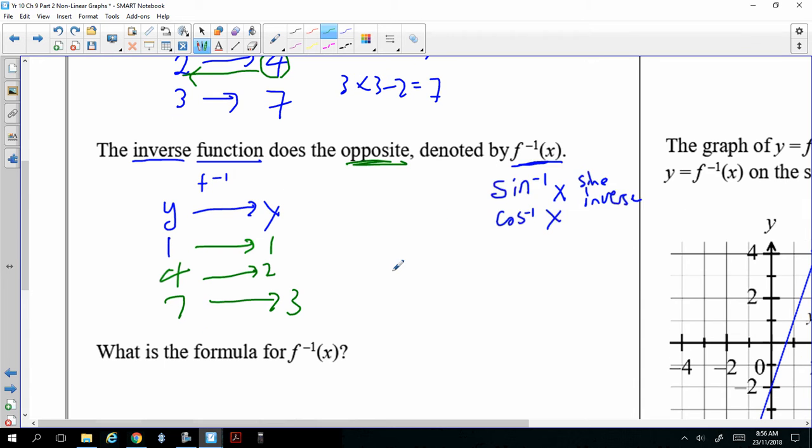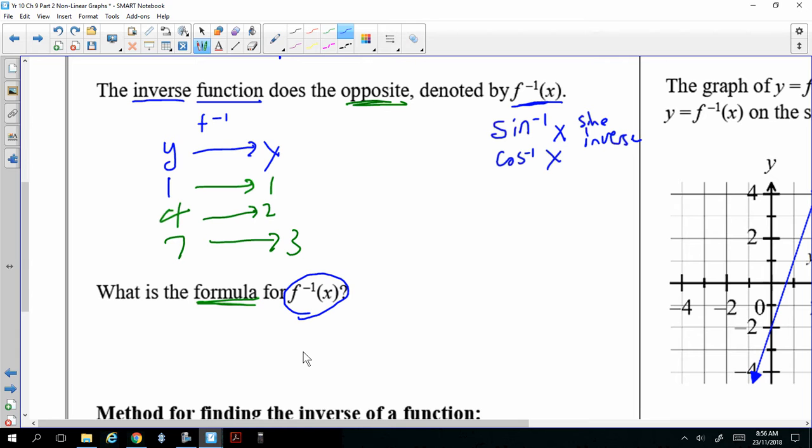It simply does the opposite. So who wants to have a guess what the formula is? It does the opposite. Anyone? Have a try. It does the opposite. So what's the formula for that inverse? Yep, someone said the answer.